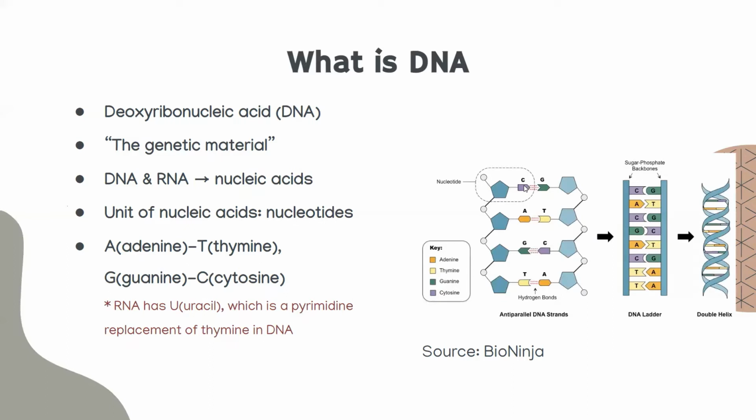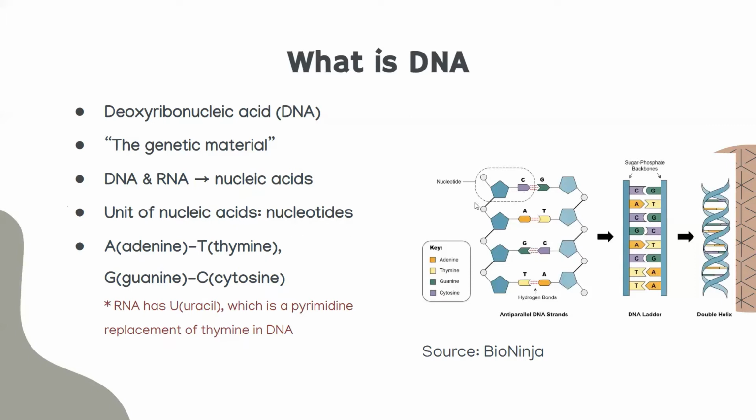As one single unit of protein is an amino acid, the single unit of the nucleic acid is a nucleotide. A nucleotide consists of a phosphate, a sugar, and then the bases. These bases form a bond, and they're called base pairs.